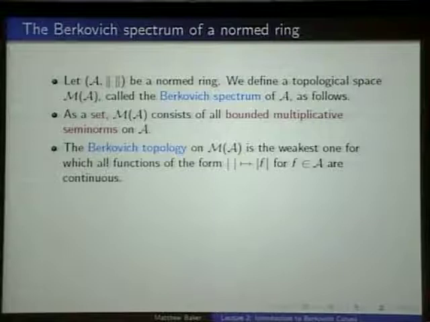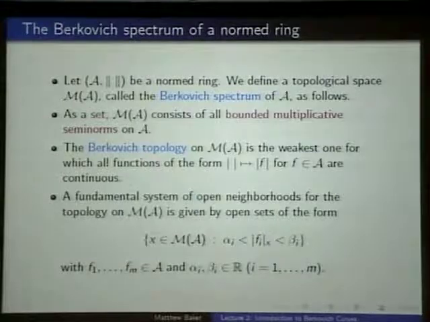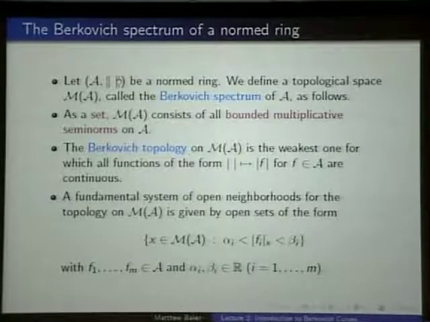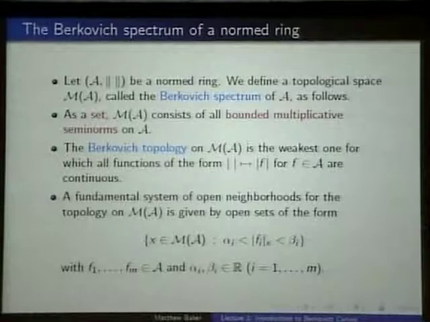And these are necessary to guarantee compactness of the space. You can't just look at all multiplicative semi-norms, you need some auxiliary condition. And again, concretely, this weakest topology means that a fundamental system of open neighborhoods looks like this.